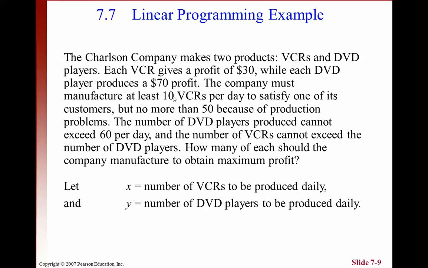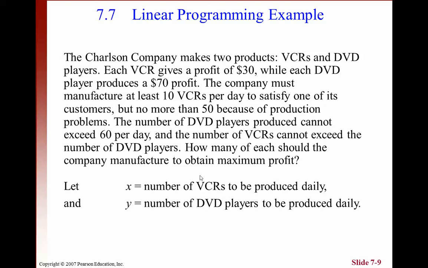If they didn't have to make VCRs, they wouldn't, right? So we want to minimize this, maximize that. And then the number of VCRs can't exceed the DVD players. So how much should they make of each one to satisfy these constraints and demands and get the most profit?